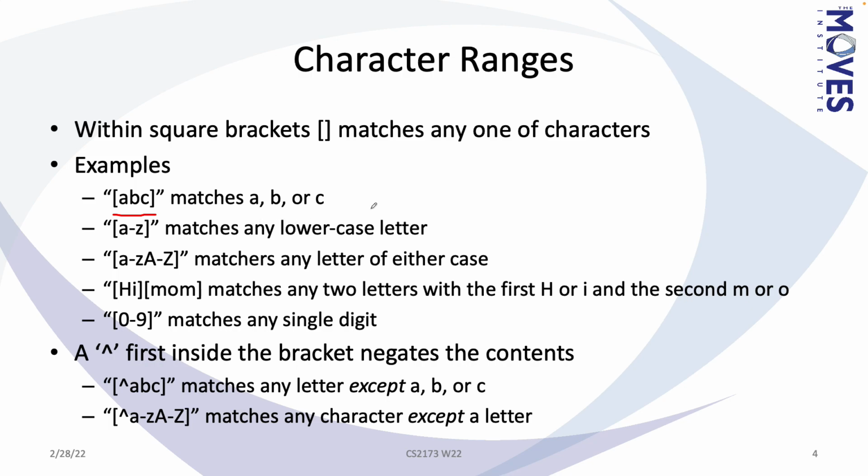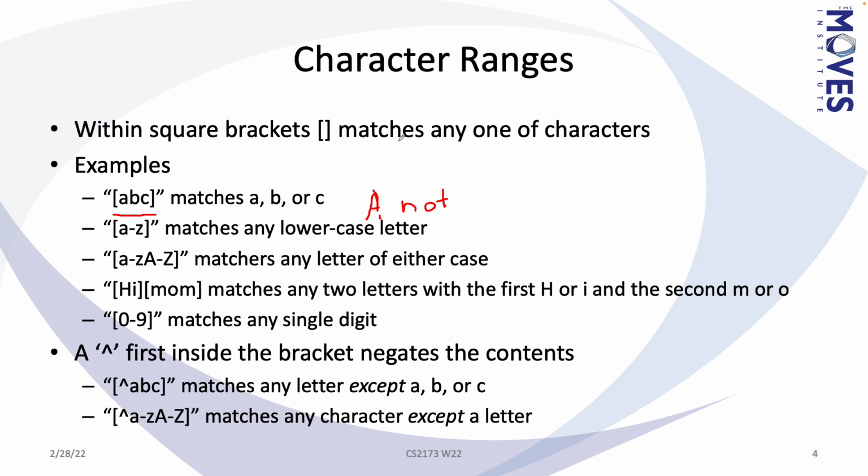So it will not match capital A, for example. Now, one thing to remember is that these are all case sensitive, so it will not match capital A, because that doesn't match one of these three.